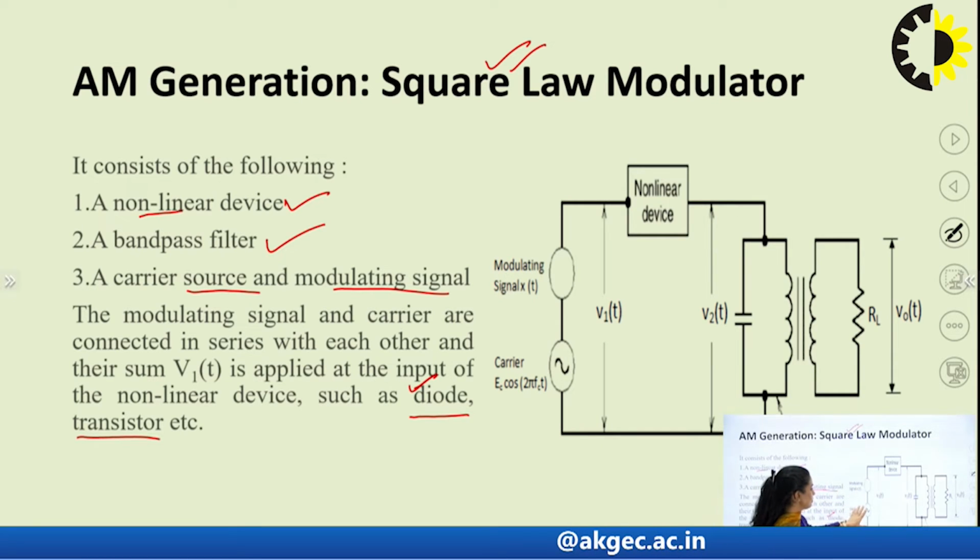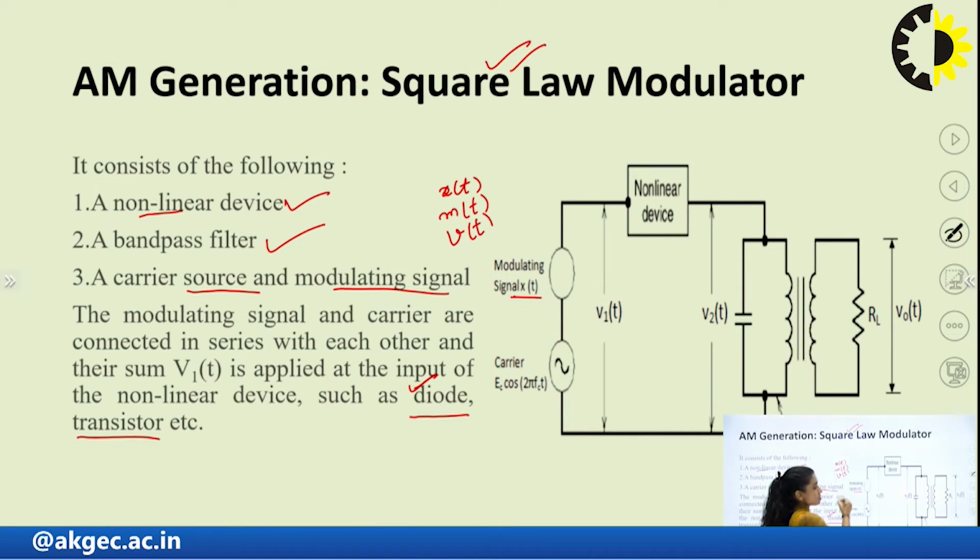These are the two inputs. This is my modulating signal, which I may represent as xt or mt or vt. These are the various notations you'll get to see everywhere, right?